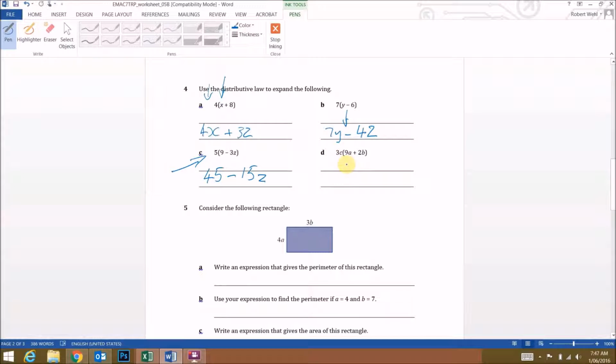And then here, remember, when we have a variable in it as well, all we need to do is multiply the numbers first. So 3 times 9 is 27. And then our letters, or our variables, come along for the ride in alphabetical order. So once again, 3 times 2 is 6, and then our variables come along for the ride.